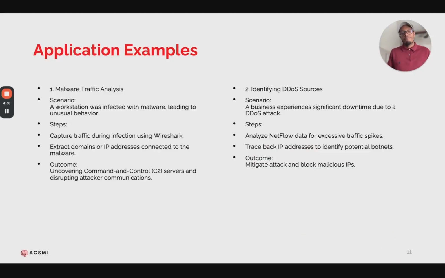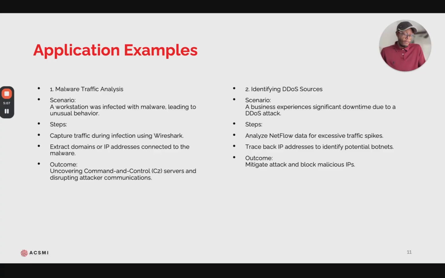You're documenting. And a real-world example, I would say, is being able to identify any type of attack. In this case, it's identifying DDoS sources. And as we know, when an organization receives a DDoS attack, it's an attack on the availability of the CIA triad. In our example here, we're going to be using NetFlow, because we want to analyze the data itself for traffic spikes.